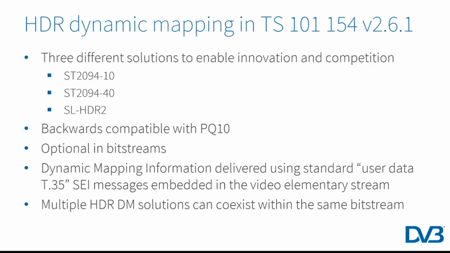And that's why multiple HDR dynamic mapping solutions can coexist within the same bit stream. You just have, for one frame, 2 or 3 different SEI messages with different information, and the receiver can really pick the one SEI message it is interested in, or none of them if it does not understand any of them. And the bit stream itself is still the normal PQ10 signal.